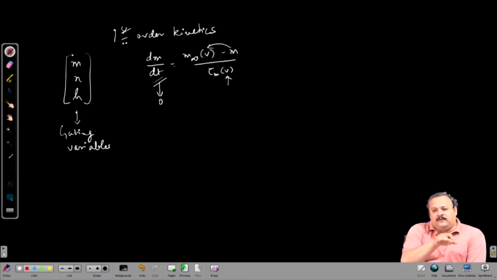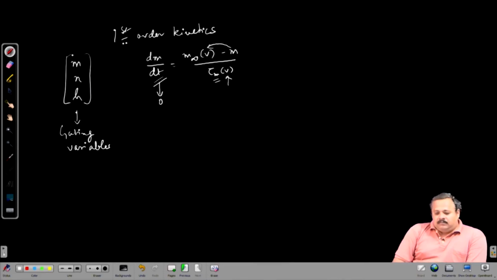So, if we are holding it for a very long period of time, ultimately m has to become m infinity V. And how fast it is reaching that m infinity V is this time constant, this tau m V.